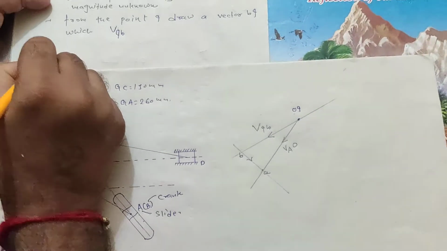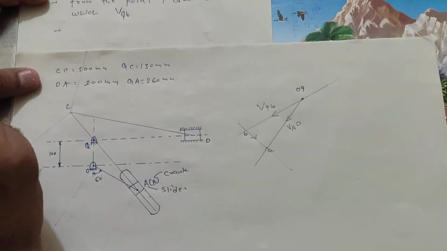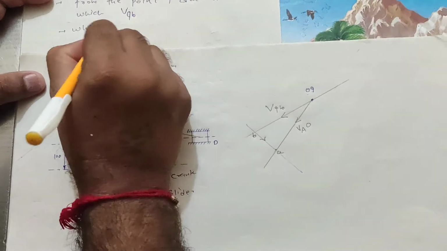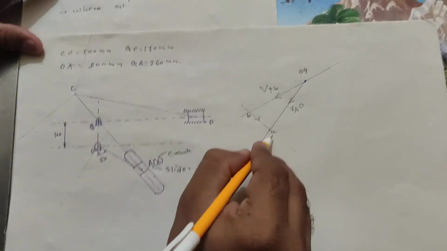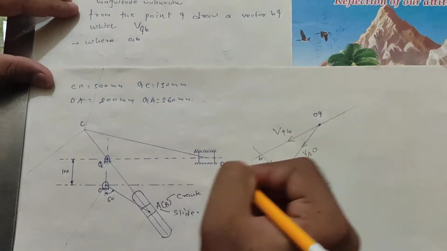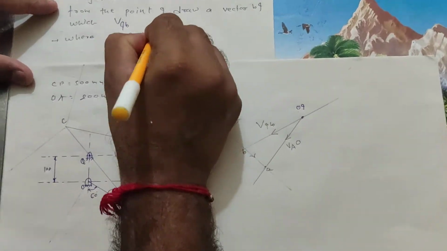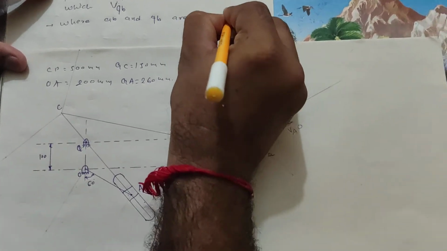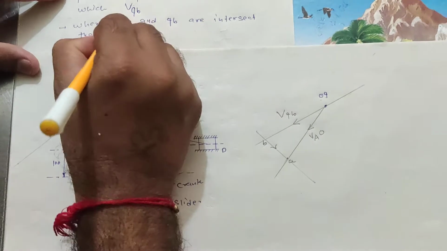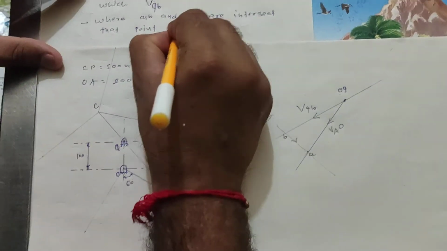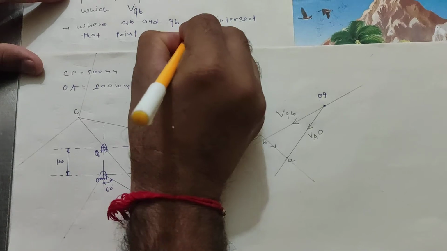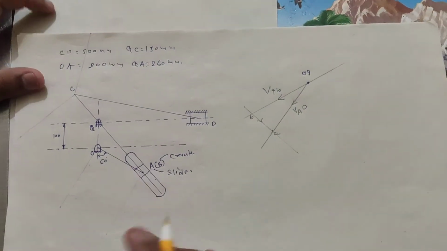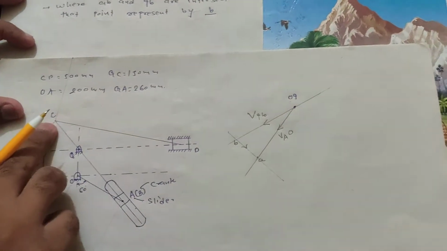One point that I have to explain over here, but don't write that: where this line AB and this QB intersect, that point is represented by B. Okay, so now for this C point, Q to C, where may it be located?